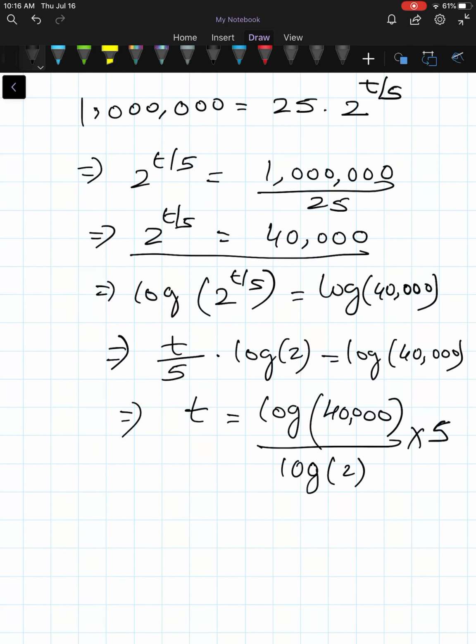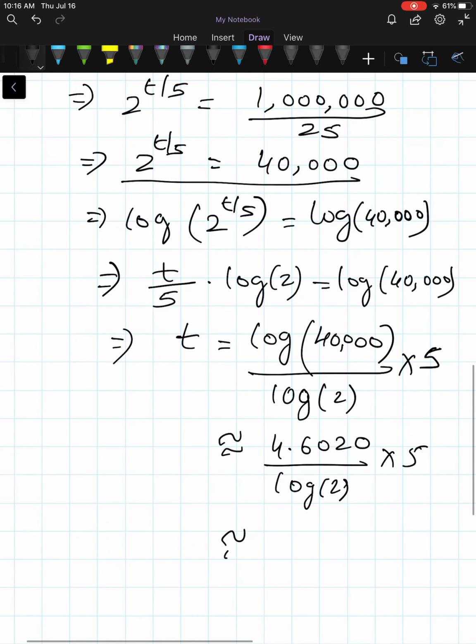Using a calculator, log of 40,000 is 4.60206 or so. Divided by log of 2, that is approximately 15.2878.